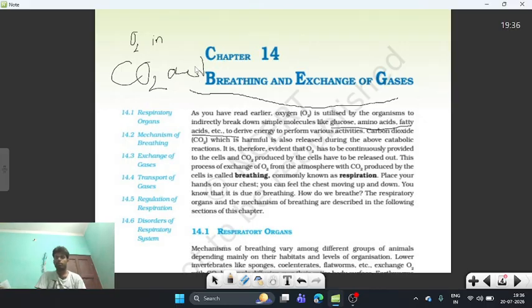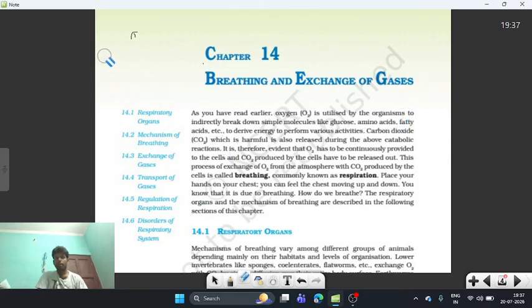Oxygen in and carbon dioxide out is called breathing. This breathing is also known as respiration. If you press your hands on your chest, you will feel breathing.